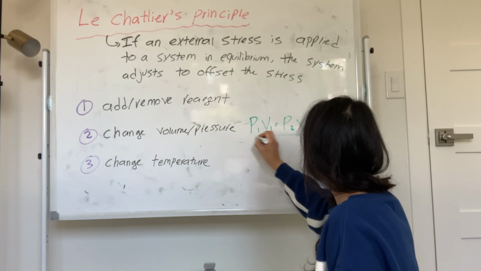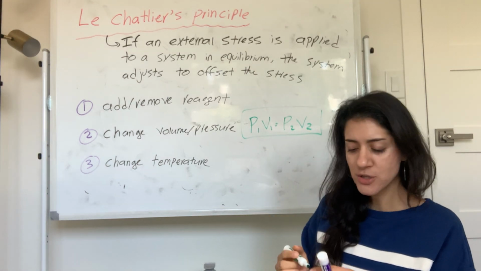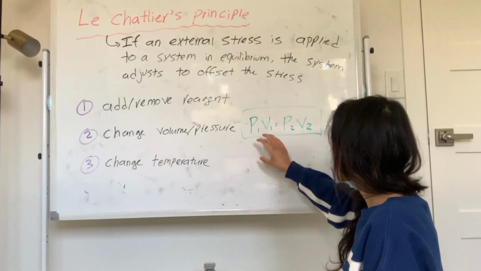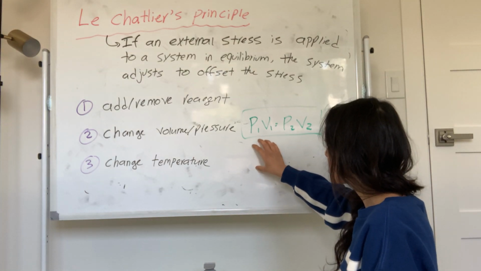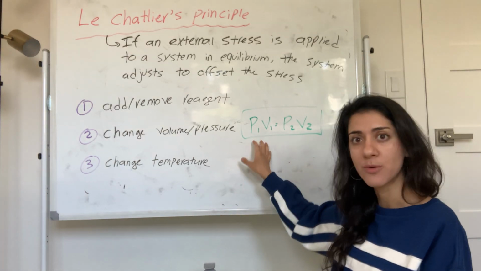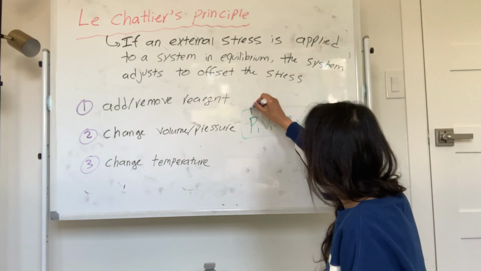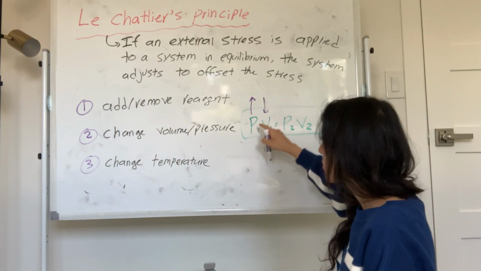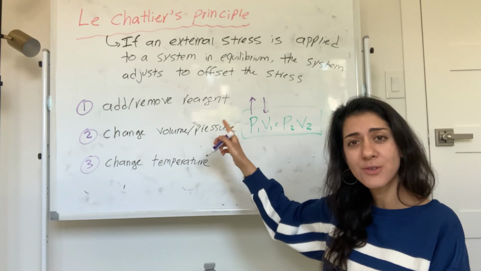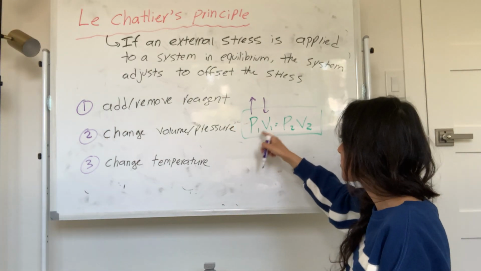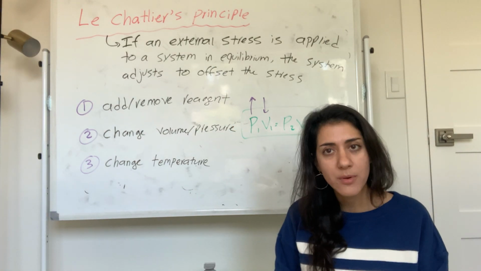What I want you to remember from that is that pressure and volume were on the same side, so the relationship is inversely proportional, right? If the pressure goes up, the volume has to go down. So they're the opposite. Or if the pressure goes down, the volume has to go up, okay?